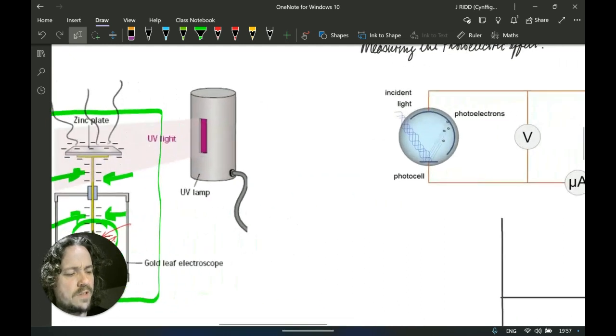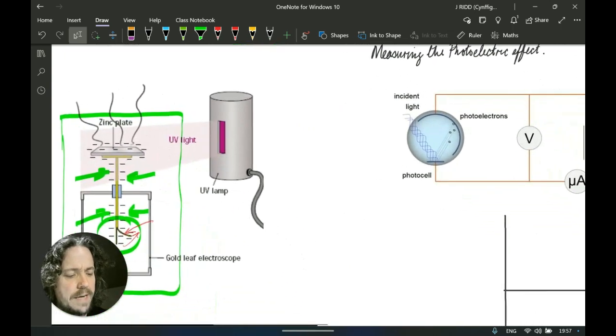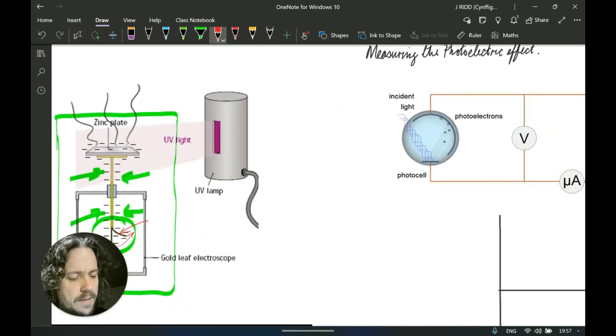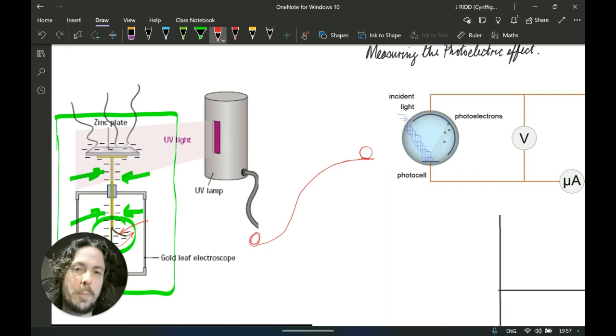One way I sometimes like to describe this is by imagining that we've got a hill. And imagine you've got an electron at the bottom of that hill. There's a certain amount of energy that it needs to gain in order to get to the top of that hill. And what we imagine is that a photon is a bit like a kick on that football.